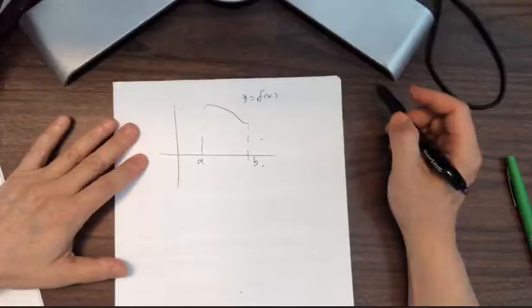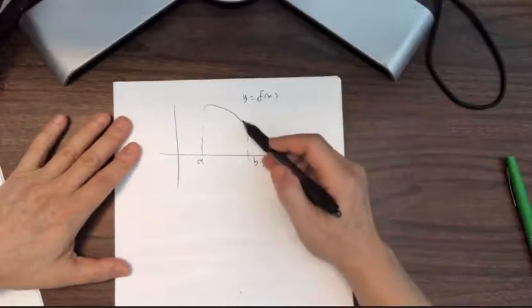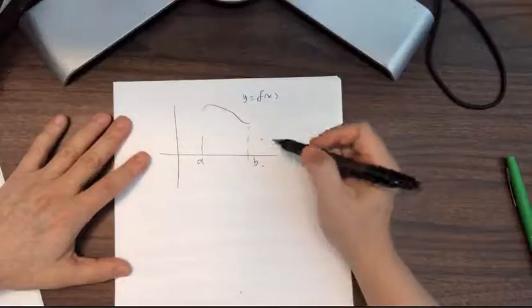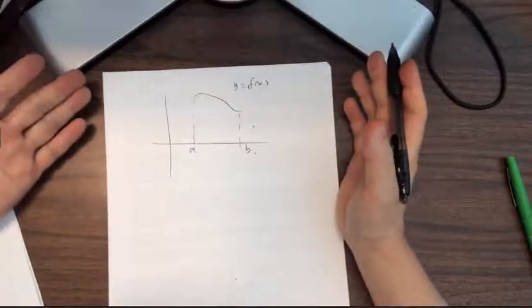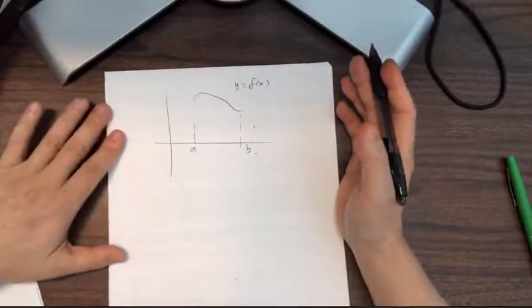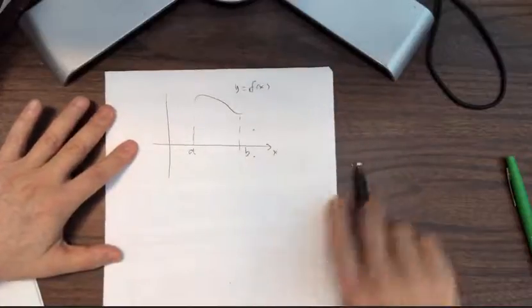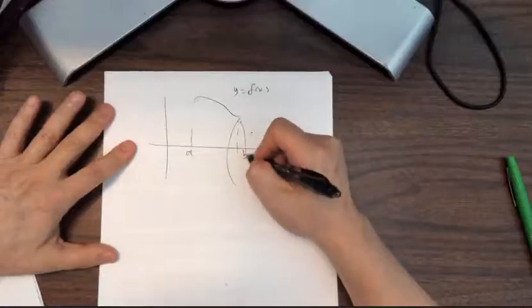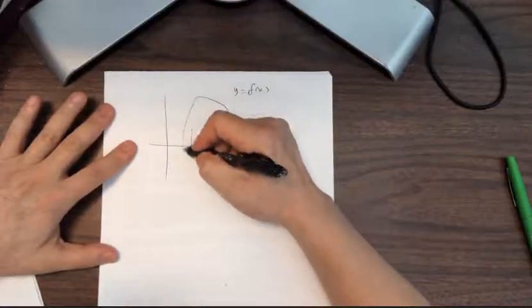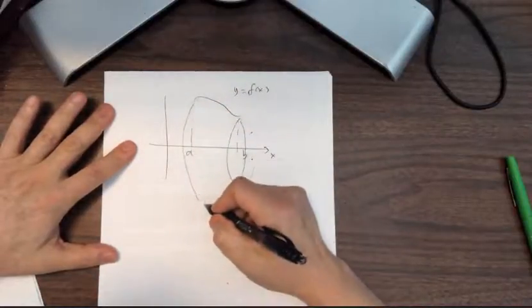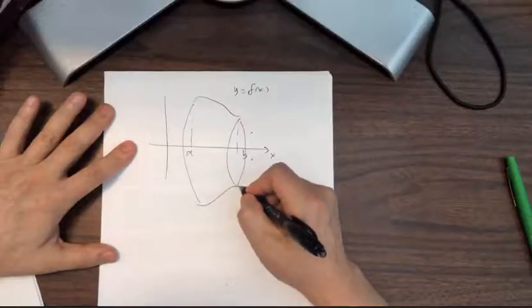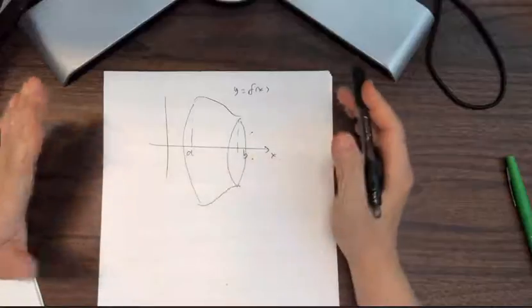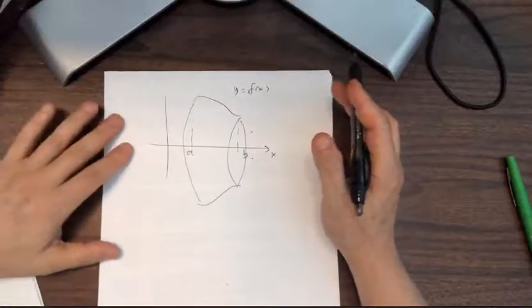Suppose we revolve this arc, this curve, around a line, maybe the x-axis. The revolution of the curve would look like this. Now this is like how we revolved a region before.